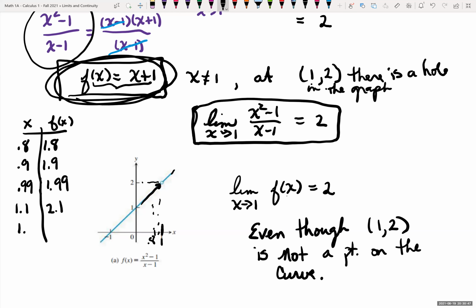But as I get closer and closer to this value on the right of 1, so 1.01, my value of y is getting closer and closer to that value of 2. So since we're coming into the same value on the left and the right on that graph, our limit is 2.